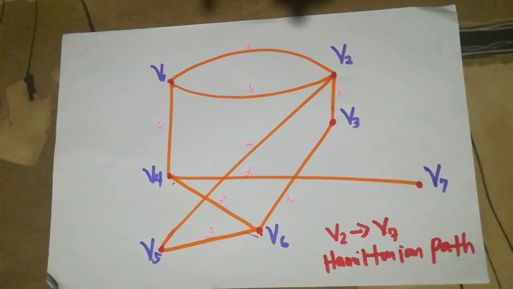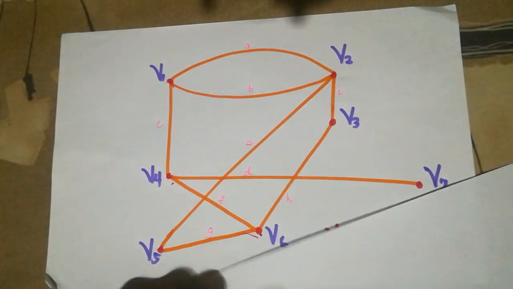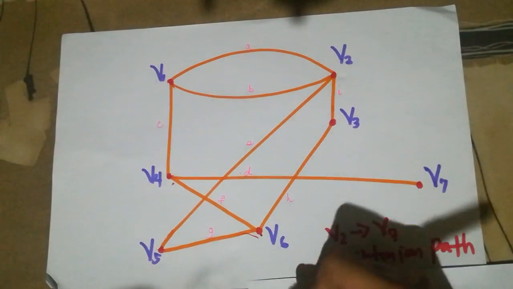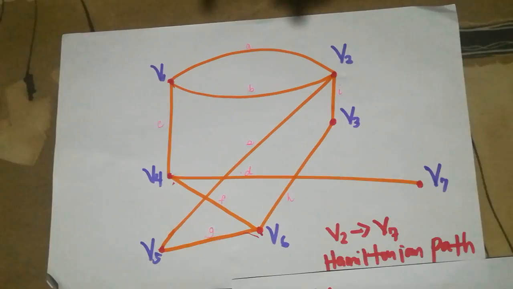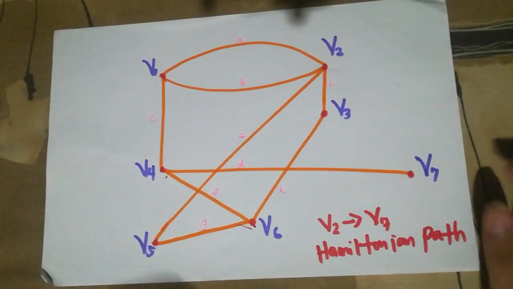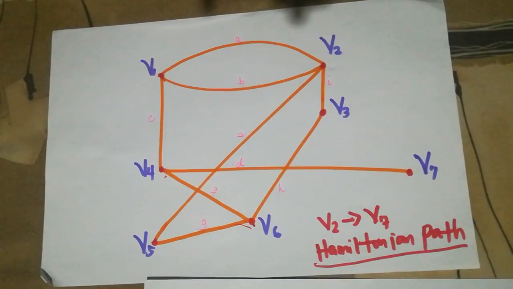Instead of going from V2 to V7, why not have V5 to V7? Will there be any possible ways that we can go from V5 to V7? So we can say that from V2 to V7, there is no Hamiltonian path that we can form.